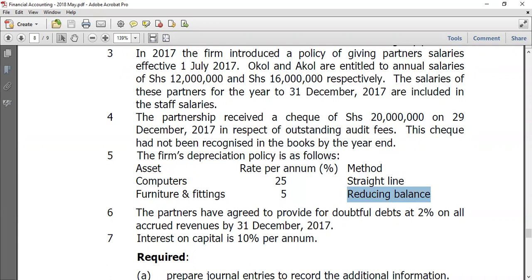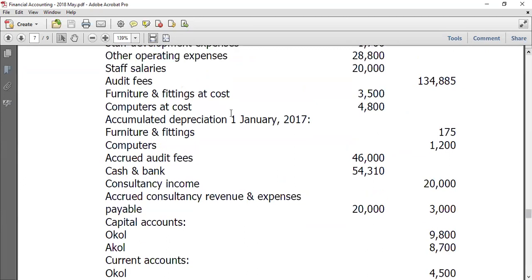Now, when you go up here, you see what we have here? This is the accumulated depreciation they have given us at the start of the year, 1st January 2017.